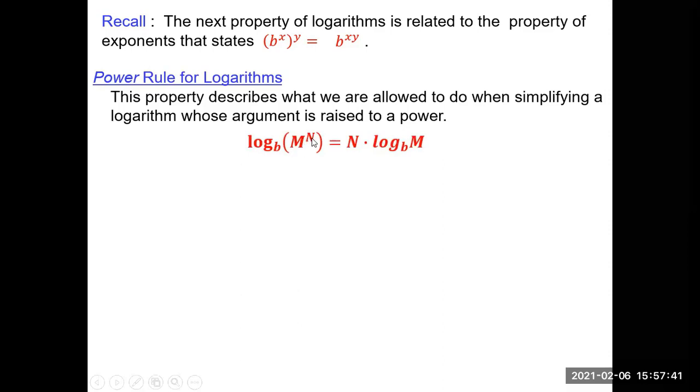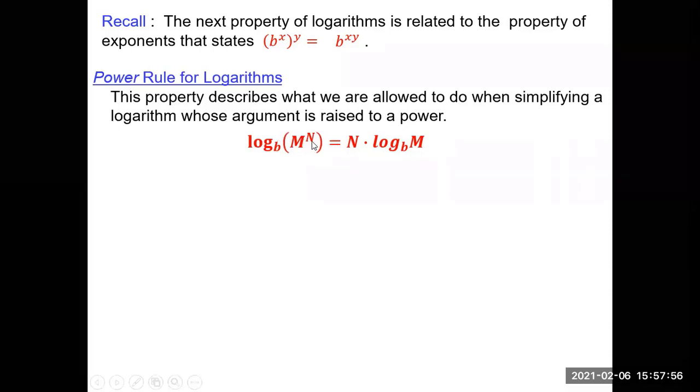So notice n is the exponent. Notice that the argument is not a product. It's not a quotient. So I'm not going to use the product or quotient properties. But this one here shows that there is an exponent of n. So therefore, this property demonstrates that if we ever see an exponent inside of a logarithm, we can move that exponent to become the coefficient of the entire logarithm.